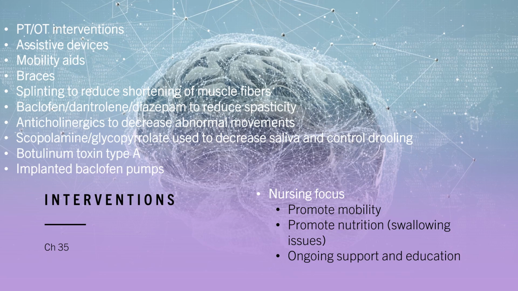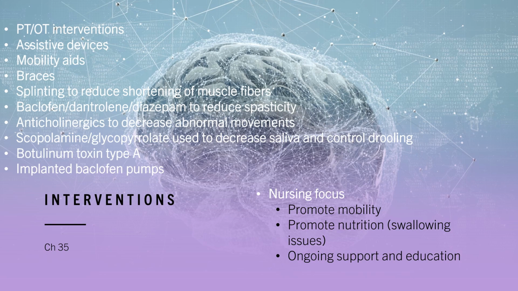All of those can be utilized to reduce the spasticity of the musculature, so that they can walk without as much jerking or rigidity in their movements. Some patients need anticholinergic medications to decrease the amount of abnormal movements they might have.